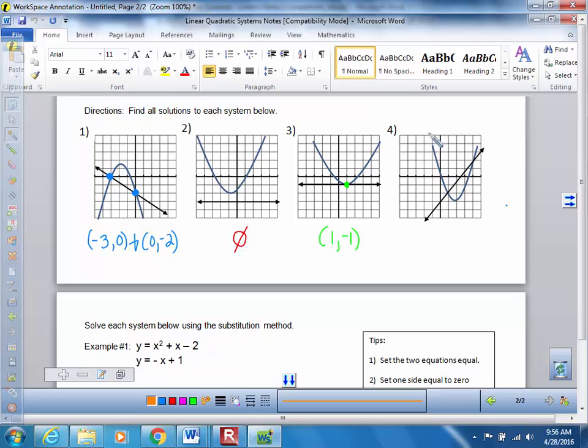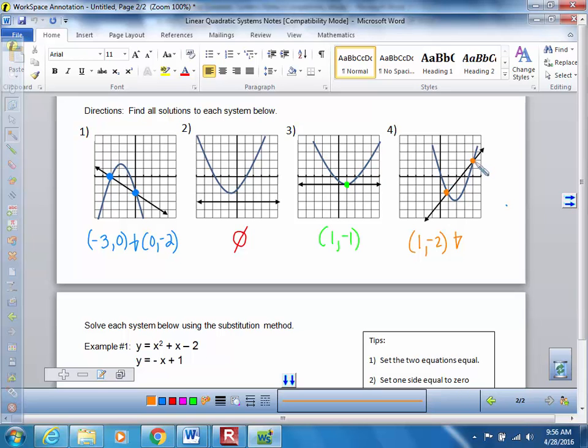And how many times do the two graphs intersect in number 4? Twice. Here and here. So we want to write down those 2 points. Let's do this one first. To get here, I'd go right 1, down 2. So this would be 1, -2.